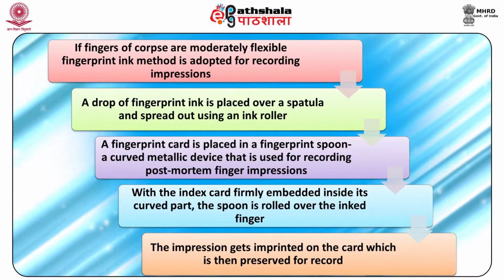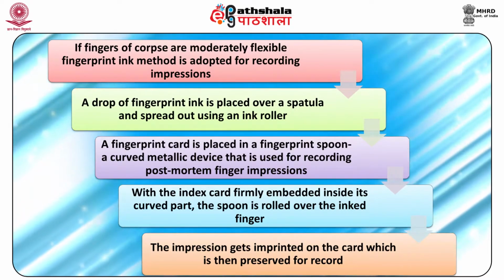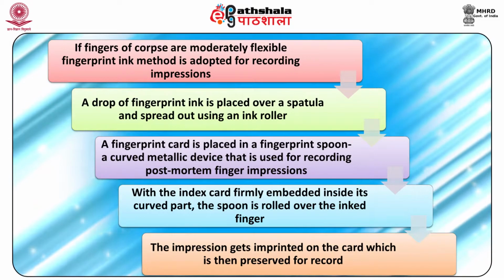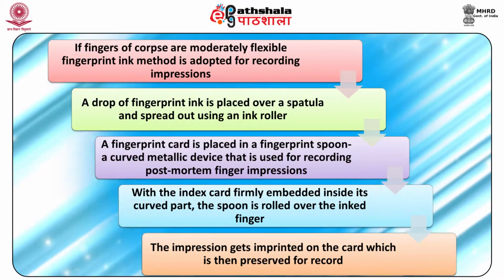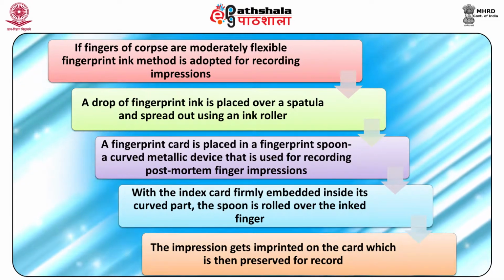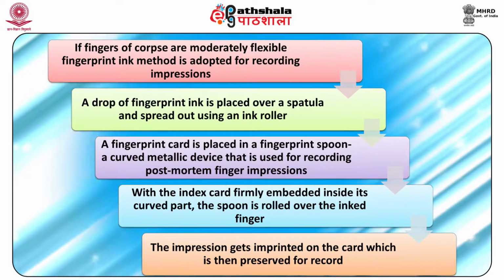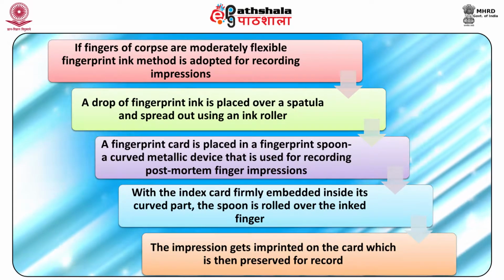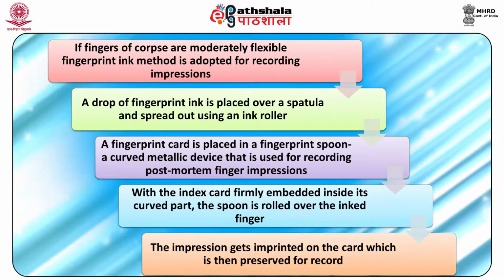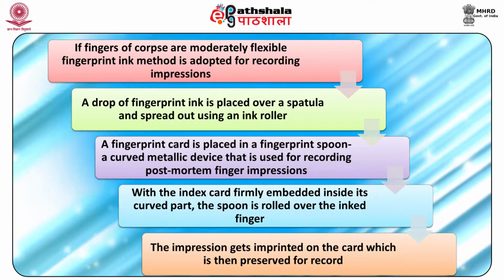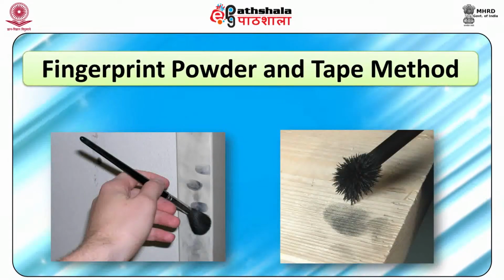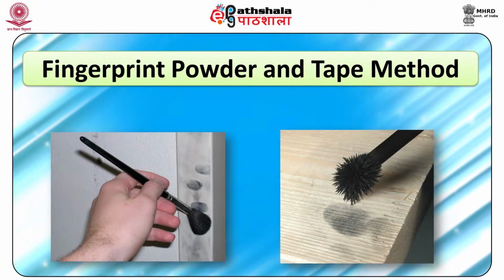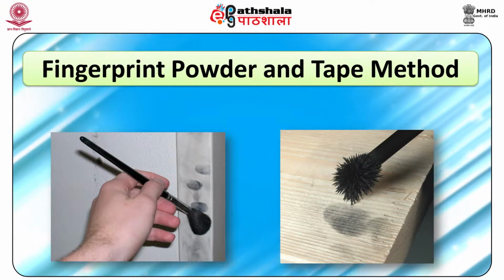The impression gets imprinted on the card, which is then preserved for record. The procedure is repeated with the remaining fingers. At a time, only one particular finger is inked, and after its impression has been printed, the next finger is inked. Now we will study the fingerprint powder and tape method.